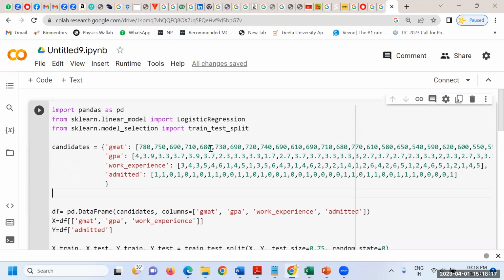Sometimes the students commit a mistake. They train on the entire 100% of the data, and then from that same 100% data they take some data for testing and show, I'm getting 100% efficiency, accuracy is 100%.